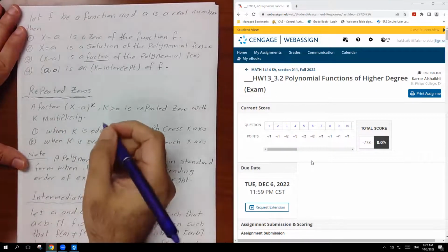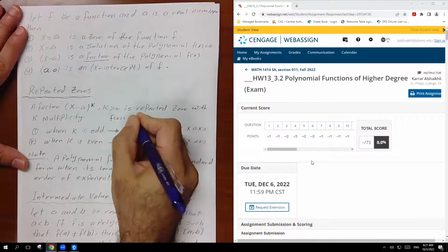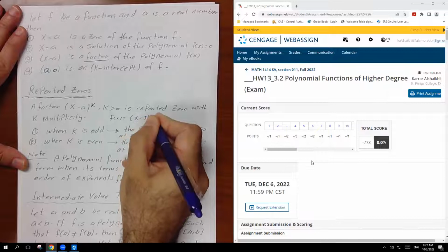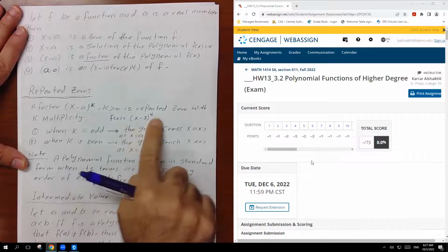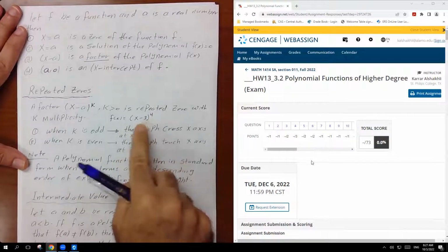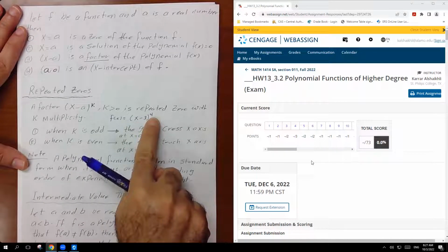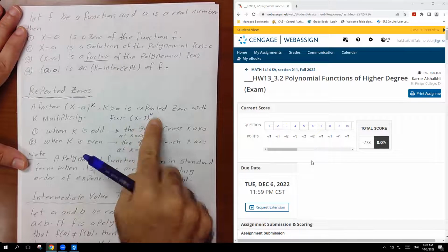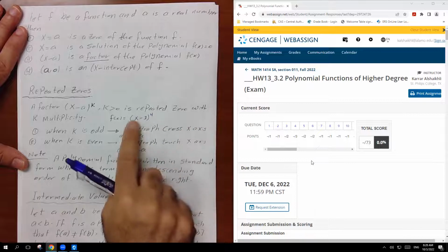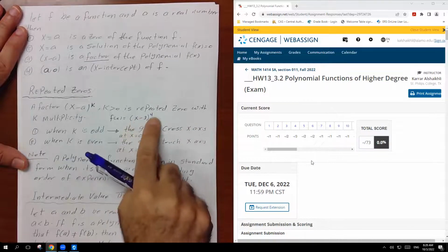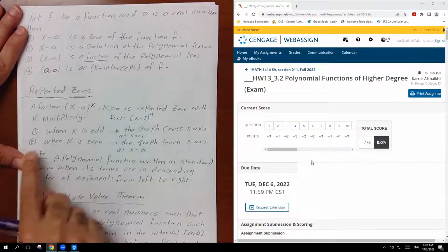For example, I'm just going to write down a simple example: if you have f of x equal x minus 3 to the power 4, this is the factor you see here with the k multiplicity. That means this factor is repeated 4 times, that means you can write down this parentheses 4 times. This is called k multiplicity.